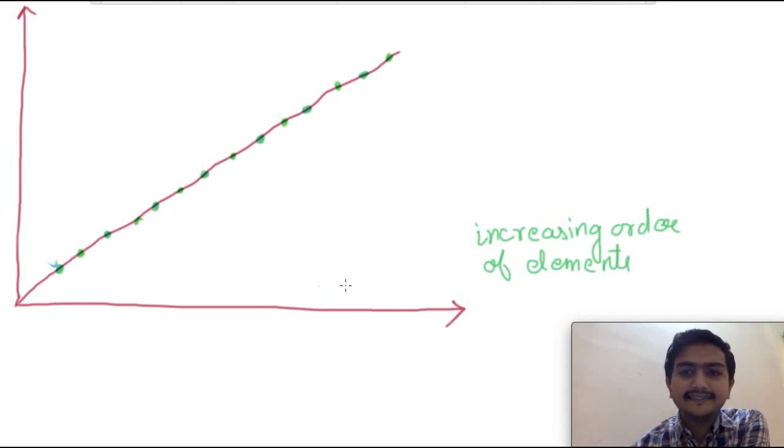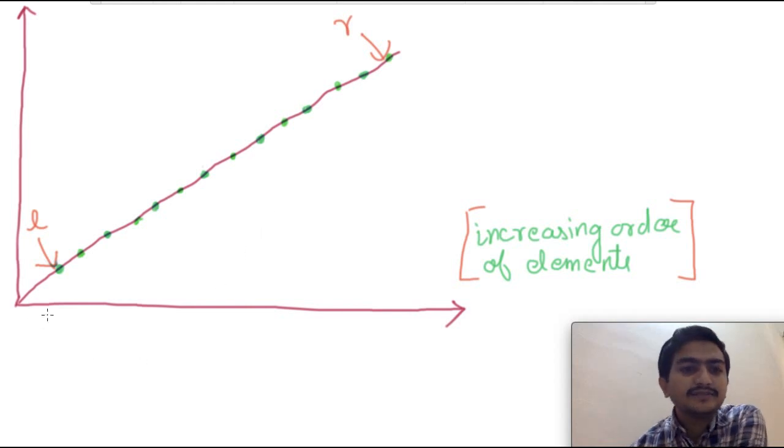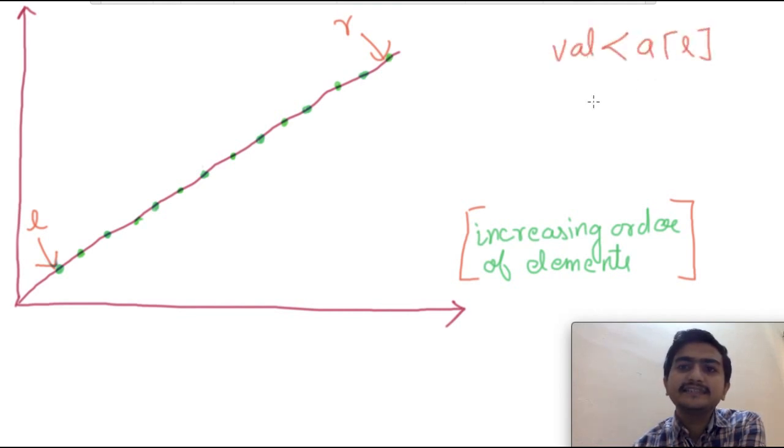We have the array sorted, so we have the elements in increasing order. We have our pointers as left and right, L and R. One thing I can be sure of, two base cases: if the value is less than A of L, then obviously the answer is A of L only, because A of L is the smallest value in the array.